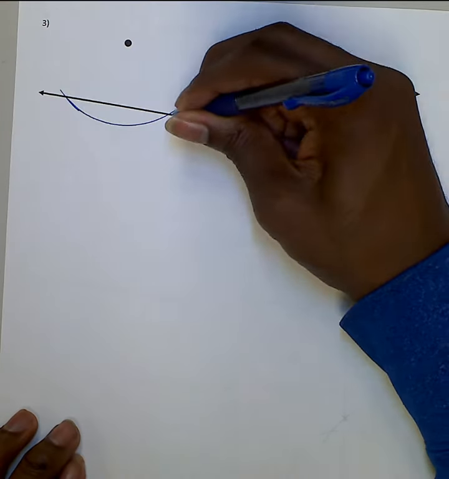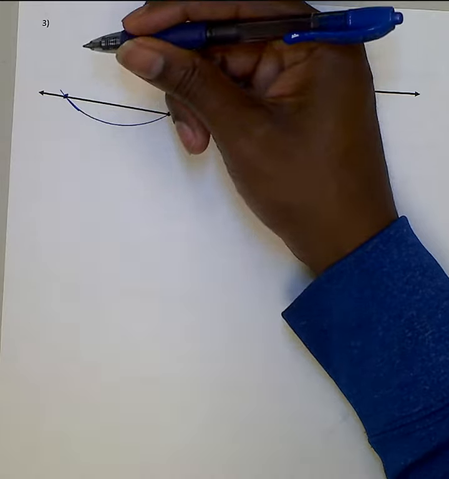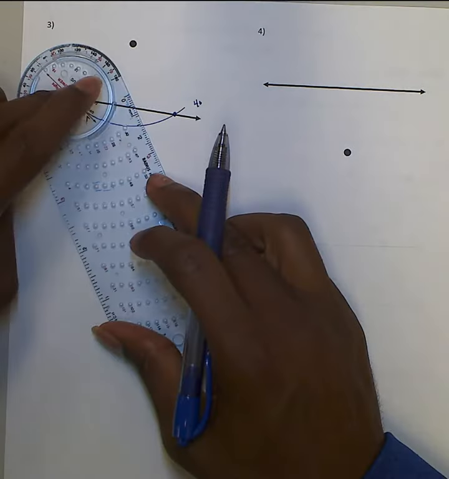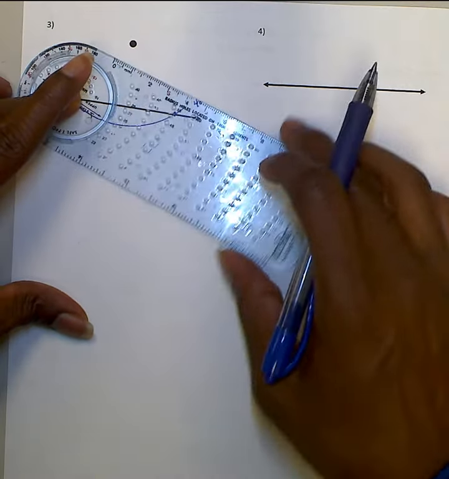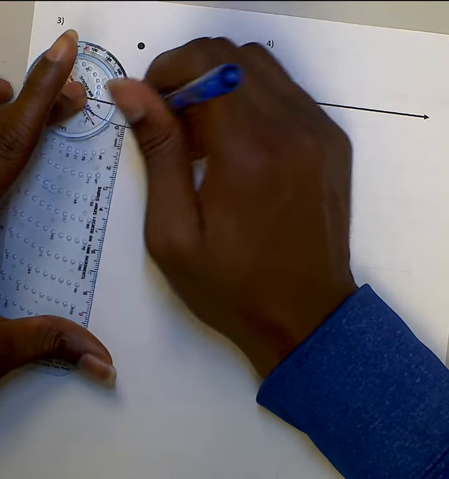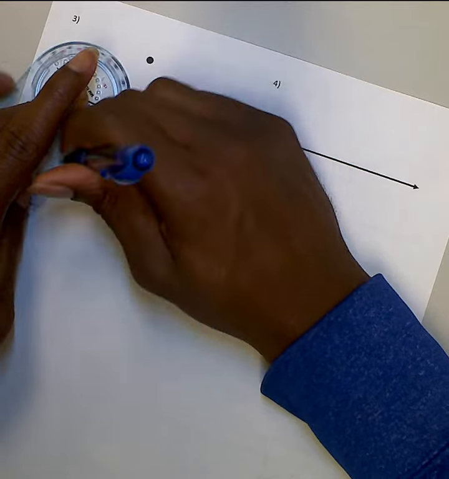I have these two points now, and I'm going to put my pivot on those points and choose a number that goes over the line. I'm going to choose 30. Hopefully that goes through. Okay, 30.